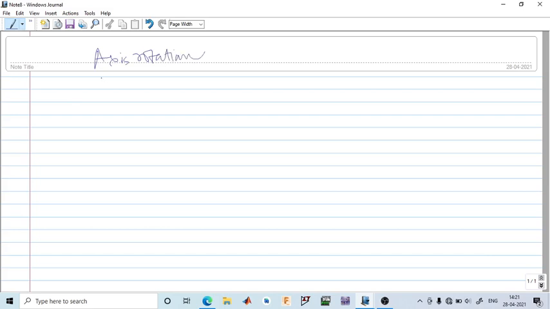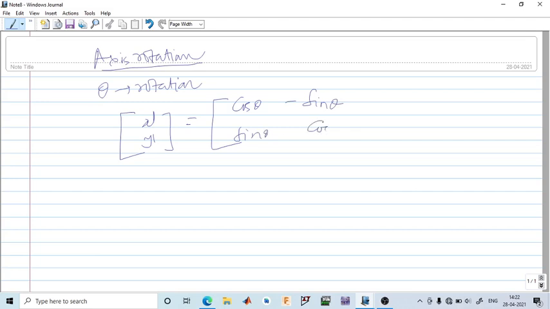We normally use the matrix form, that is, suppose the axis is rotated at an angle theta. If theta rotation, then the new coordinates after rotation become like this, and the derivative of cos theta is minus sin theta, the derivative of sin theta is cos theta, and it will be x y.